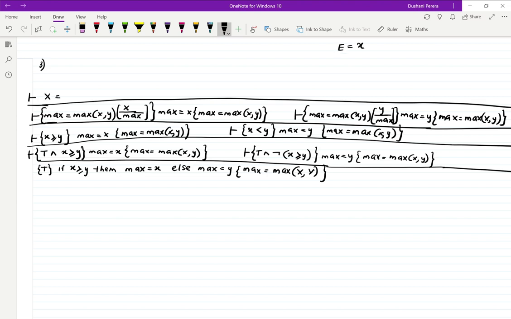So we have x is equal to max xy, and in the fraction the denominator cancels with the numerator, so we're not going to write it again. Max equals x and this part. And then we have over here y equals max xy, and we have max is y, and then the other part.